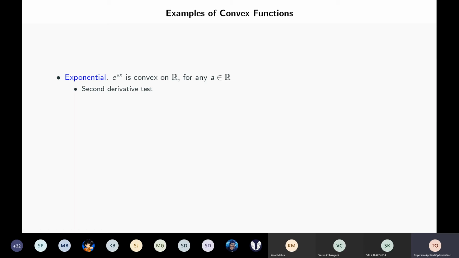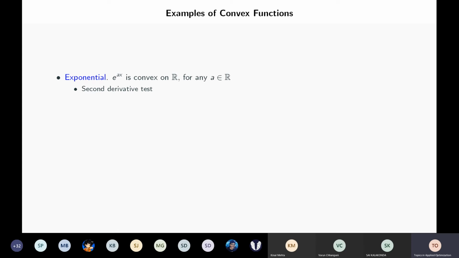Provided you have smooth functions, meaning the first derivative exists, we can apply first order convexity. First order convexity says f of y is greater than or equal to f of x plus f prime of x times y minus x, or the gradient of f times y minus x for a general multivariable function.